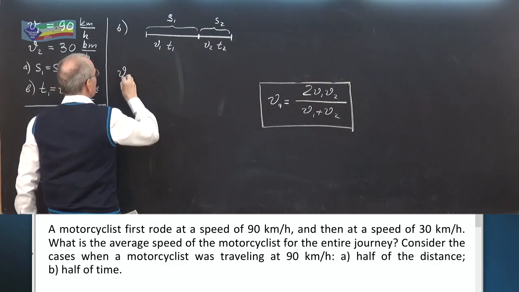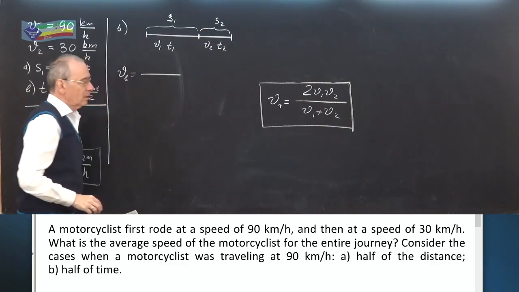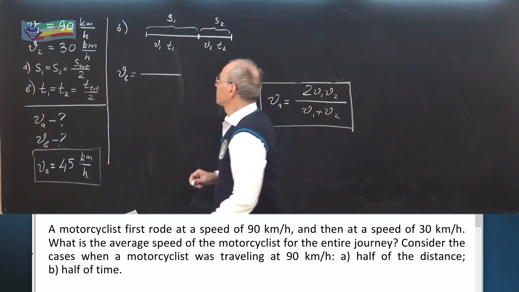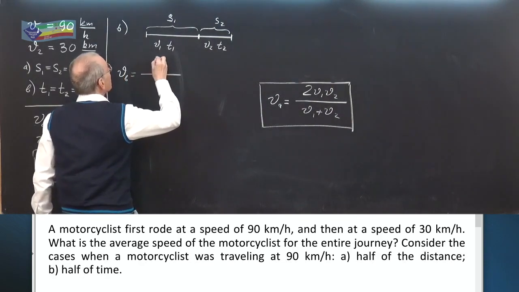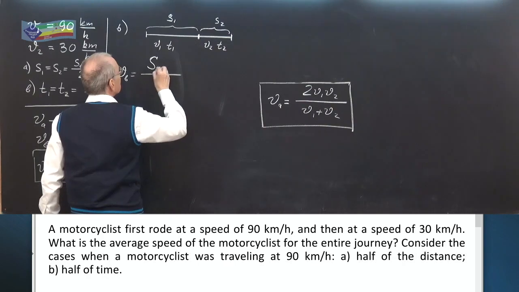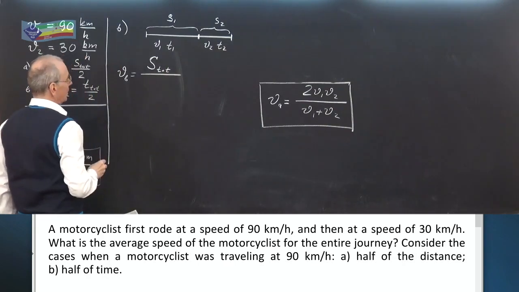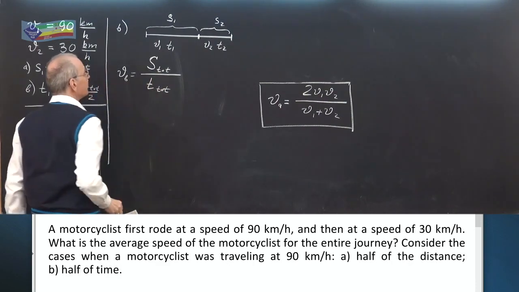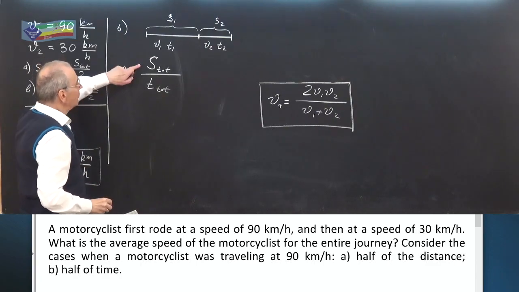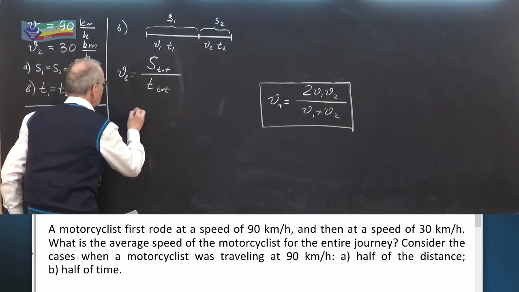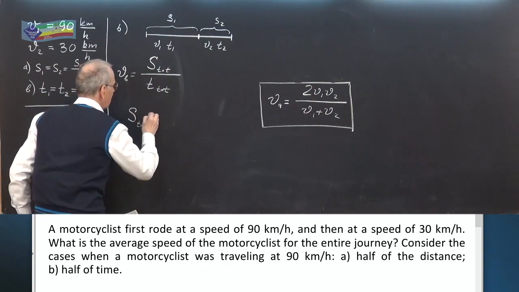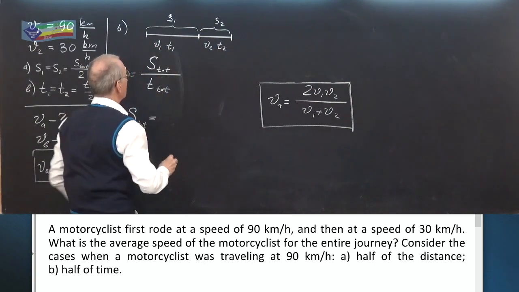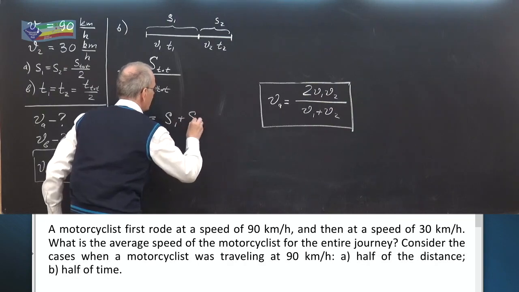Average velocity, both in the first case and in the second case, we can calculate dividing the total distance by the total time. Let us find the total distance. S total is the sum of these two distances, S1 plus S2.